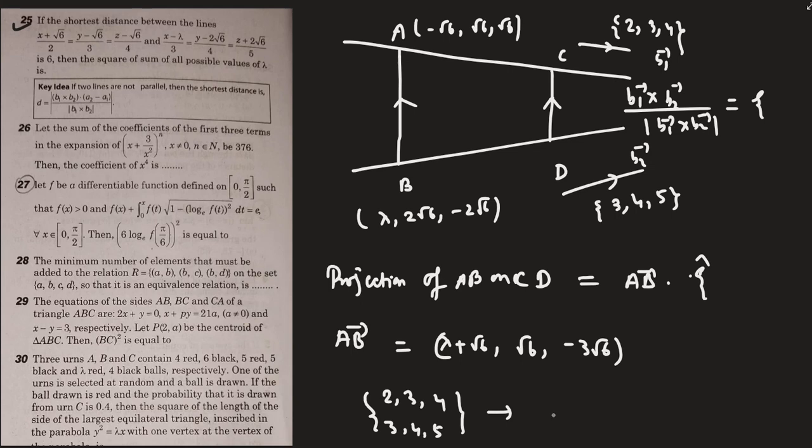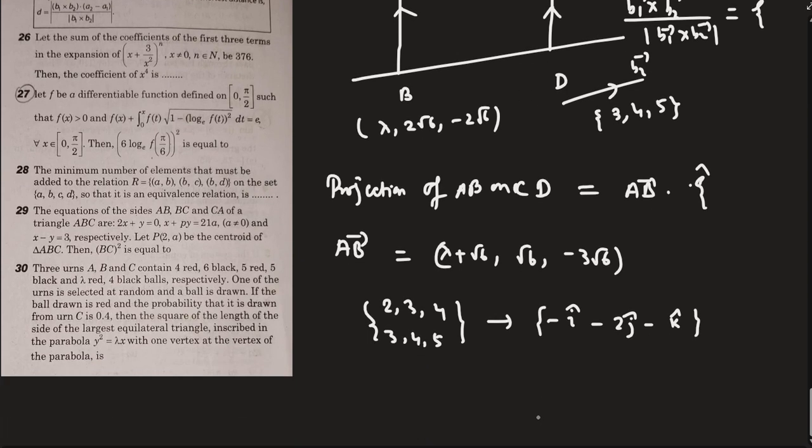So what will be the answer? 5 into 3 is 15, 15 minus 16, minus I cap, then again 2 into 5 is 10, minus 12, J cap, and then 4 into 2 is 8, 8 minus 9, minus K cap. Okay, so this is the vector. Take its unit vector. Along with this we have to find the modulus also. So its modulus will be 1 plus 4 plus 1, that means root over 6 is the modulus.